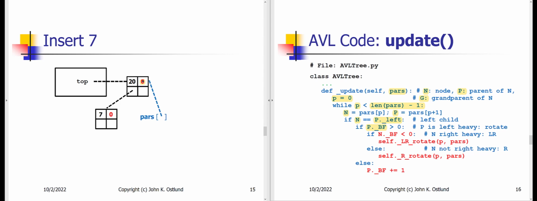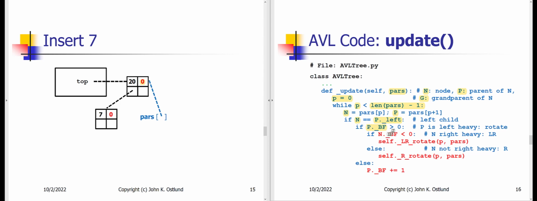If the balance factor of the parent is greater than 0, then that means that when we add one more, this balance factor will become greater than or equal to 2. If it's greater than 0, the only thing it could be is plus 1. So when we add another node to the left, that will increase to plus 2.